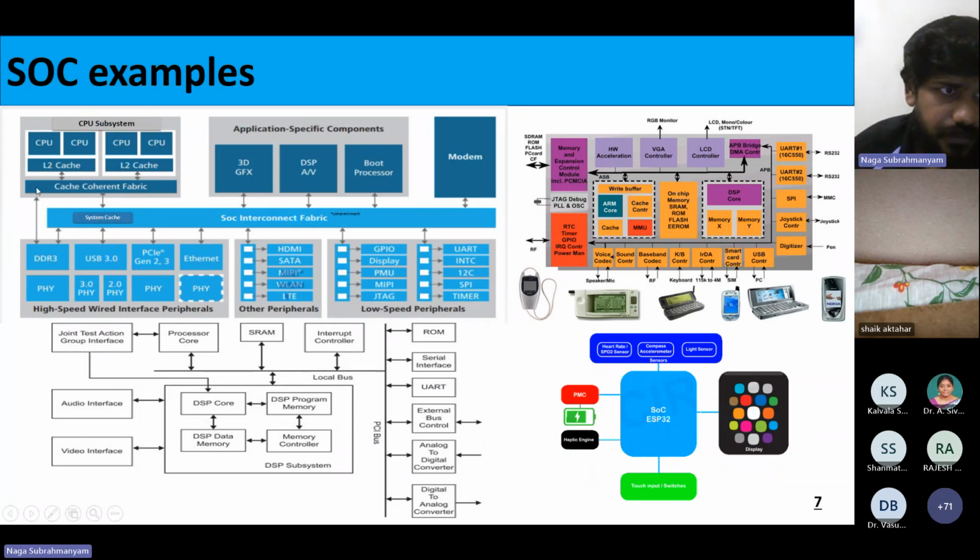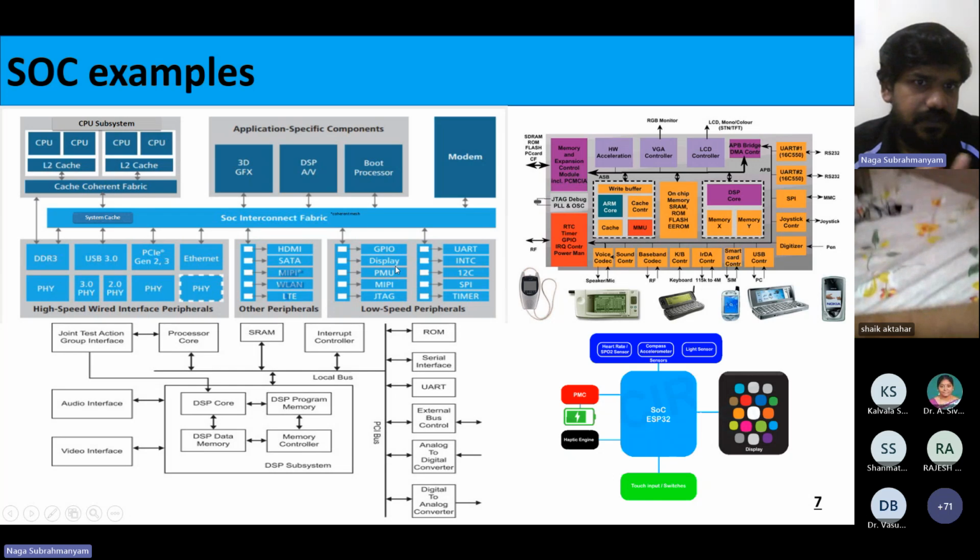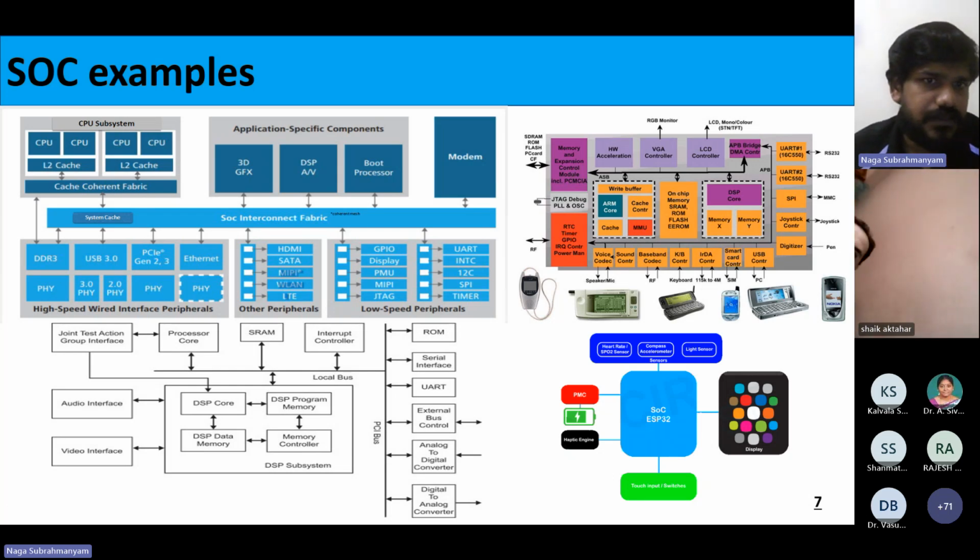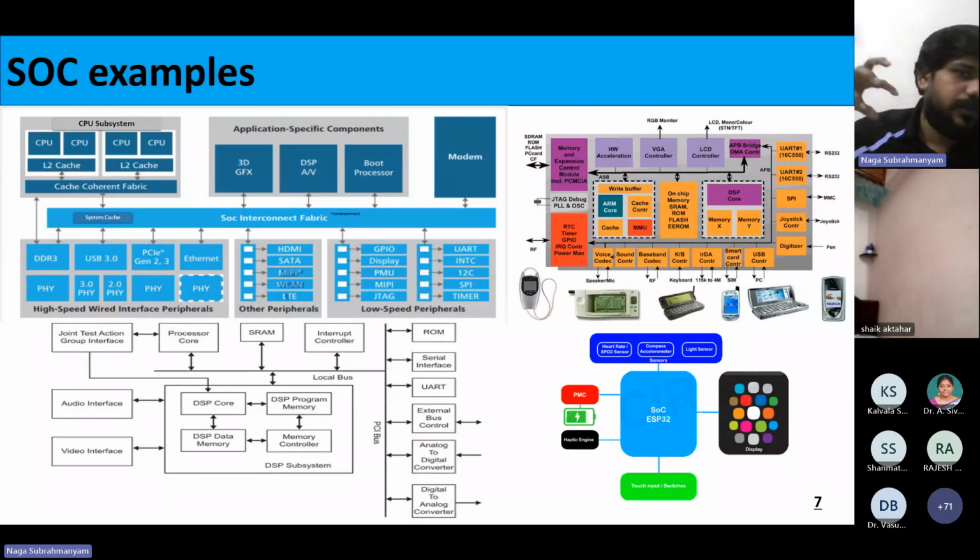That is one point. Another point is, all these things will be verified in a single shot. Meaning, how the subsystem is taking the data from the low speed peripherals, and how low speed peripherals are accessing these application specific components. The connection between them, the routing algorithms between them, will be verified at the top level.